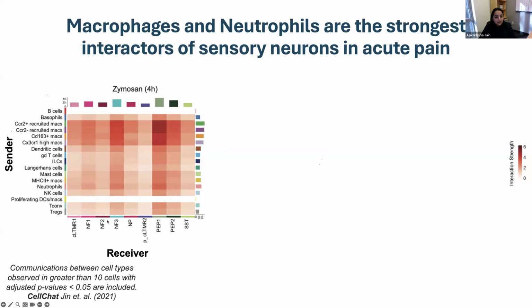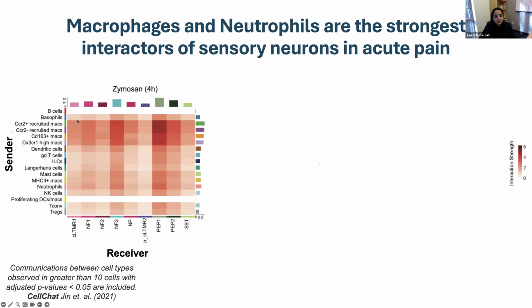When we combined this data set, we could identify interactions between individual immune cell types and sensory neuron types. In this case, immune cell types were the sender of the signal, so we only considered the ligands that were made by these cell types, and the receivers were sensory neurons, so we only considered the receptors that were expressed by these different sensory neurons.